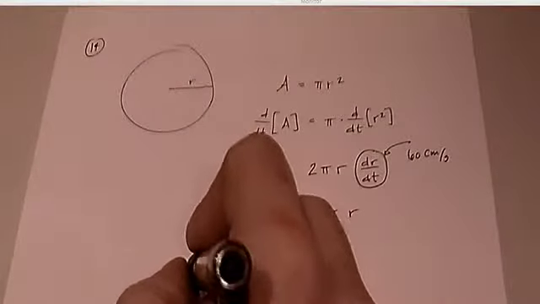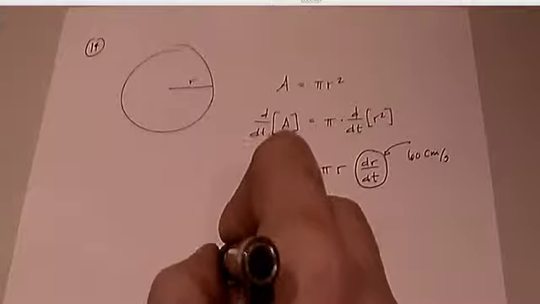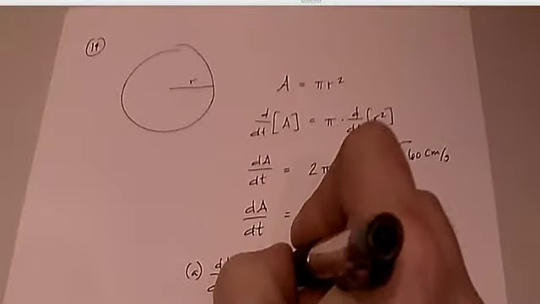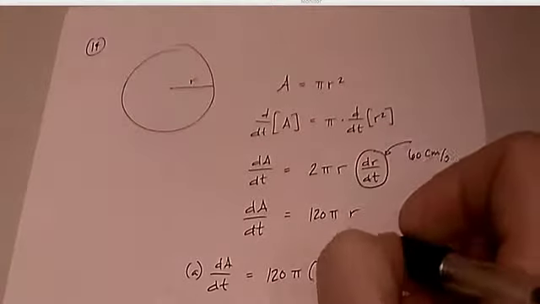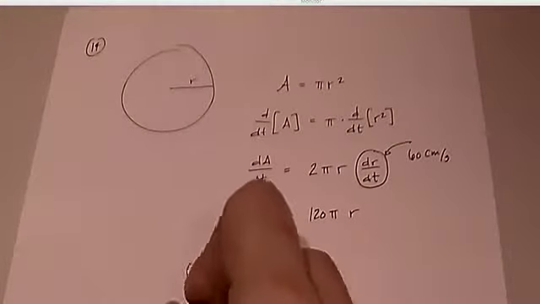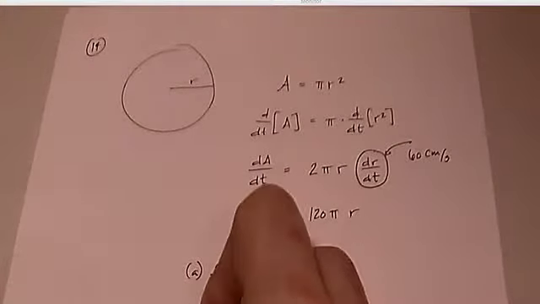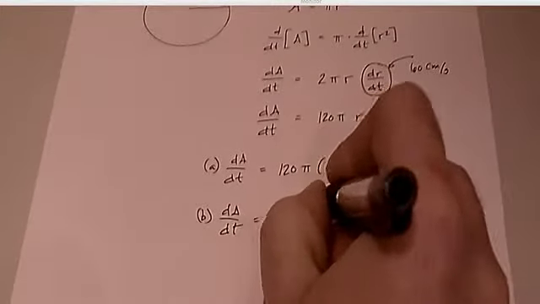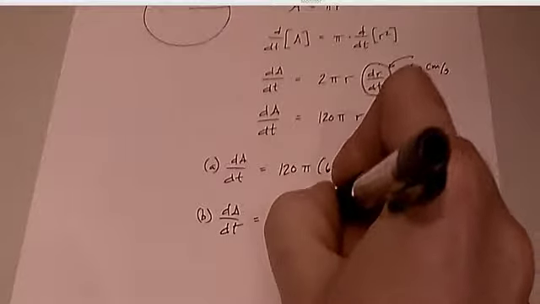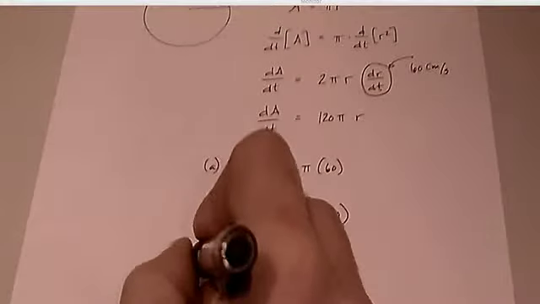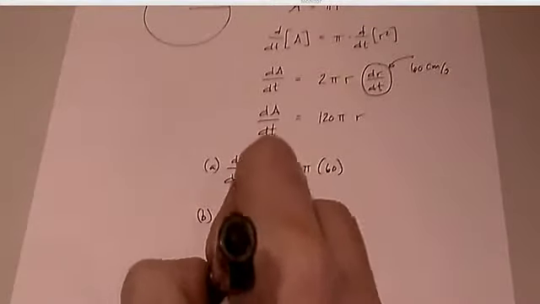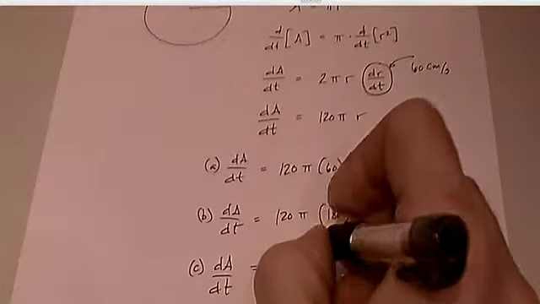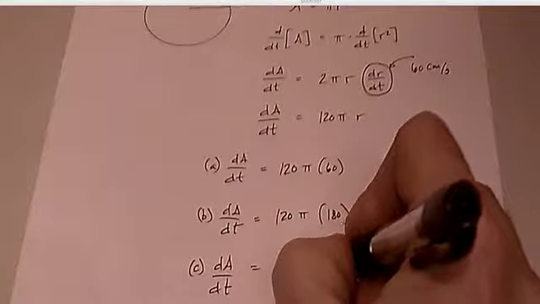So, part A would be dA/dt is equal to 120 pi times 60, okay? Part B, dA/dt is equal to 120 pi times 180, and C would be dA/dt is equal to 120 pi times 300.